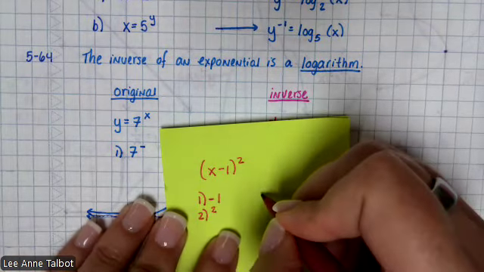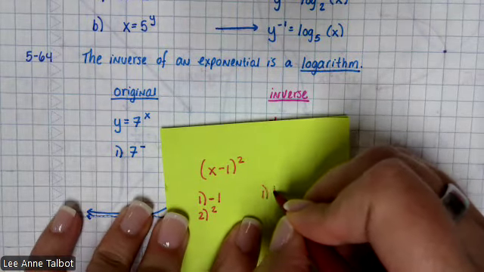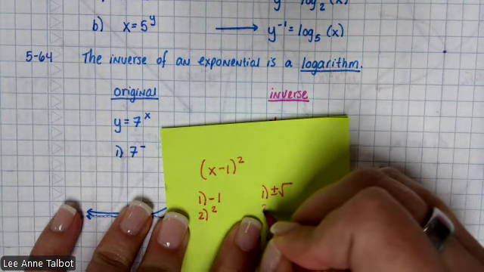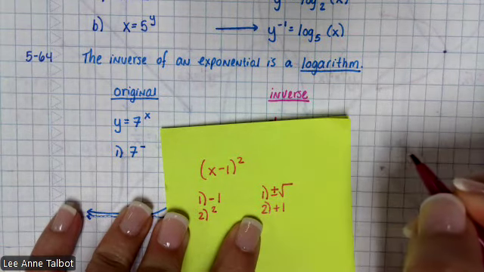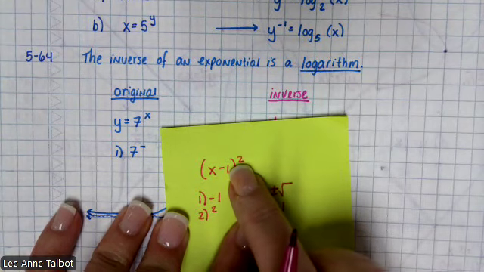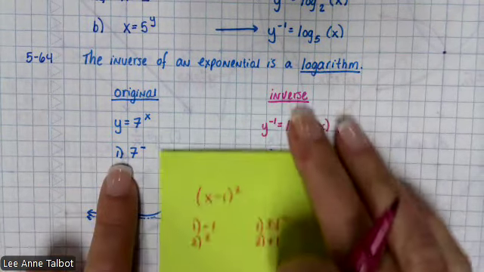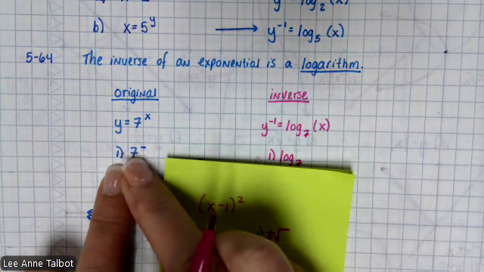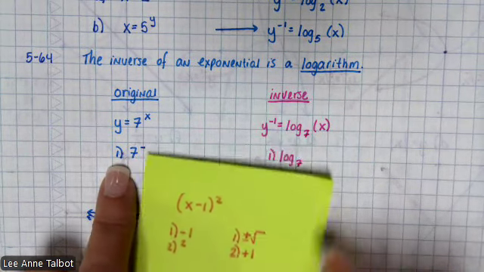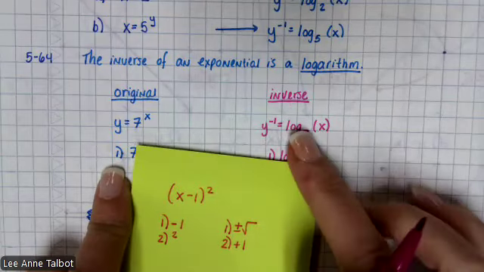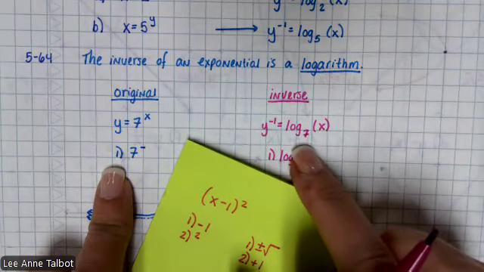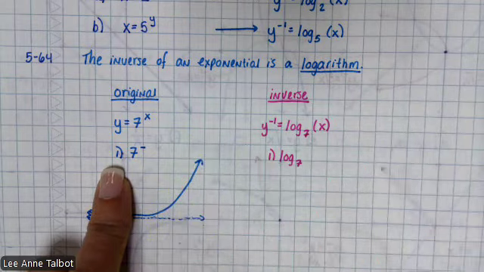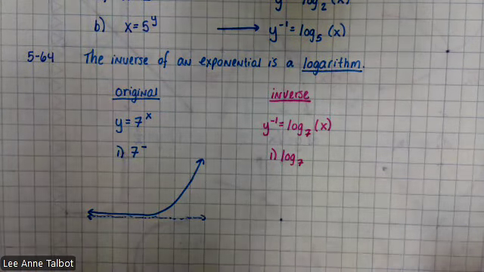Okay, and then the inverse steps: step 1 would be plus or minus square root, and step 2 would be plus 1. What I'm saying is when there's an x in the exponent, your step is going to be 7 to the, or 3 to the, or 5 to the, or whatever. And then the step over on the inverse side will be log base, whatever the base is. Okay, we're going to have lots of time to practice it in number 65.